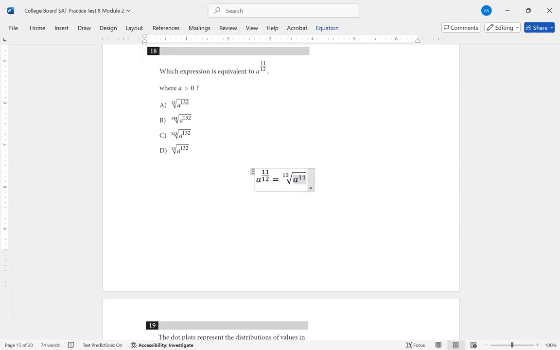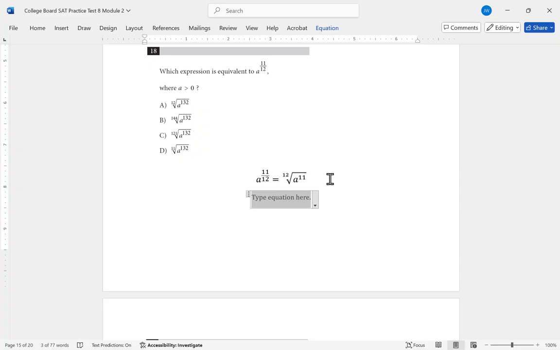All right. So obviously I look through my options and that is not one of my options. I have a 12th root of A to the 132nd power, a 144th root of A to the 132 power, or a 121st root of A to the 132 power. So this can't be it. And so what this is going to ask us to do is rewrite that A to the 11/12 power as something else.